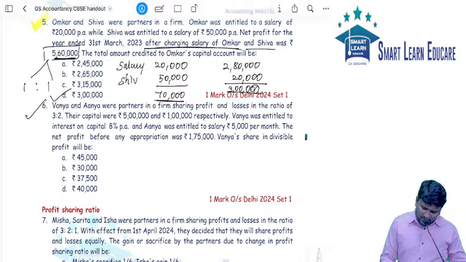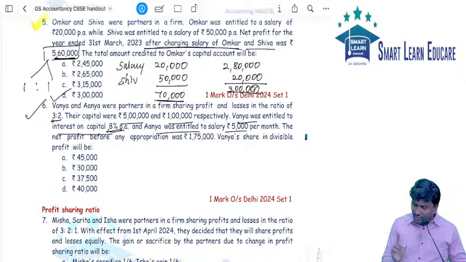V and A were partners in a firm sharing profits and losses in the ratio of 3:2. Profit sharing ratio is given. Their capital is 5 lakh and 1 lakh respectively. V was entitled to get interest at the rate of 8% and A was entitled to get salary of 5,000 per month.